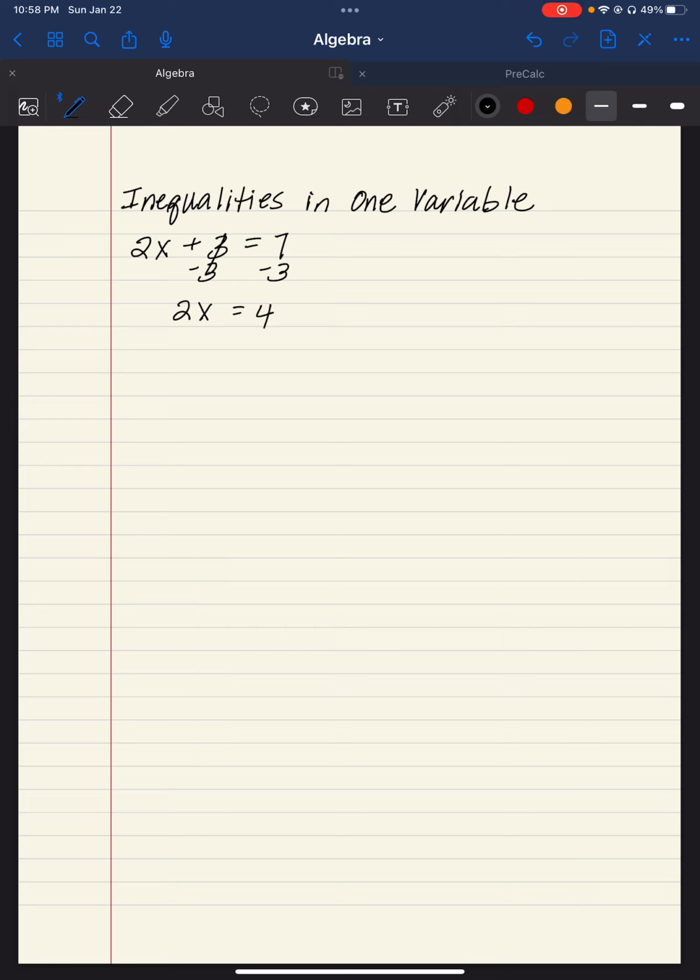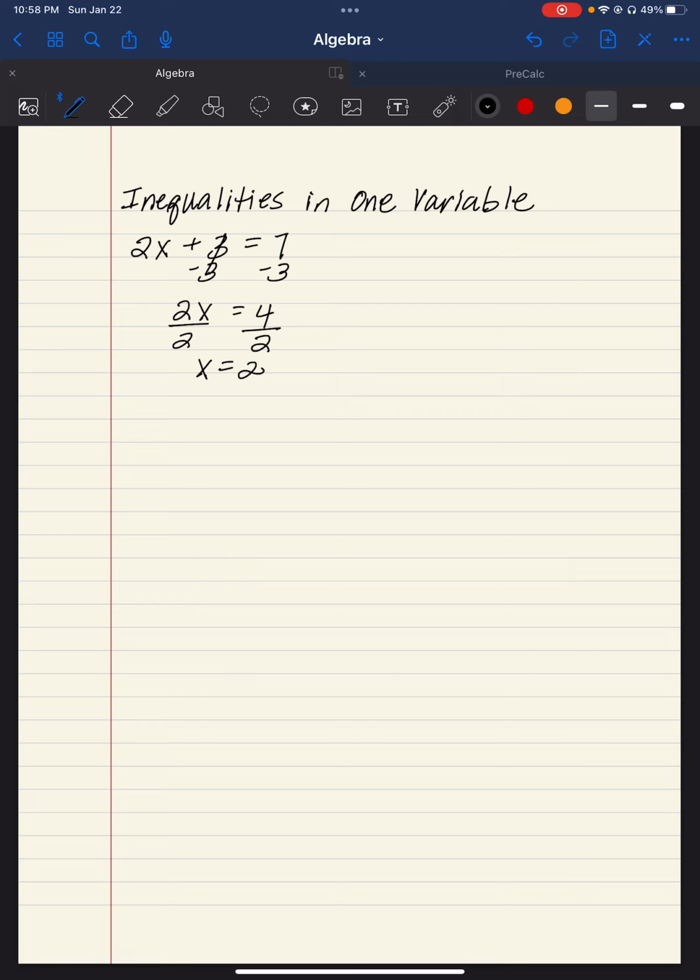We'd say 2 times what is 4? Well, we know 2 times 2 is 4, so we know that the answer is going to be 2, but we would say, okay, we divide by 2, and we get an answer of x is equal to 2, and that would be our answer. Okay, we can do the same thing, except we could write an equation as an inequality.